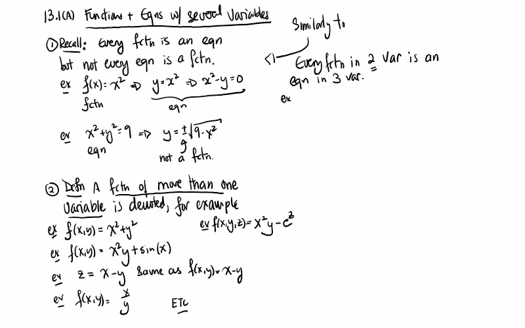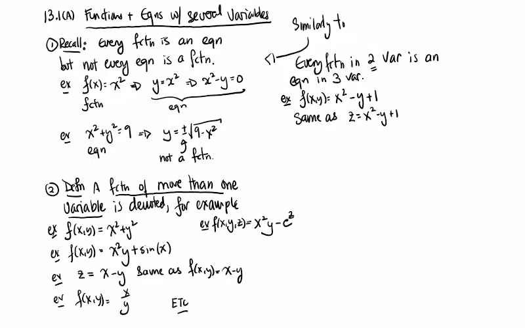So for example, a function like f of x y is x squared minus y plus 1. This is the same as z equals x squared minus y plus 1, which is then an equation, right?